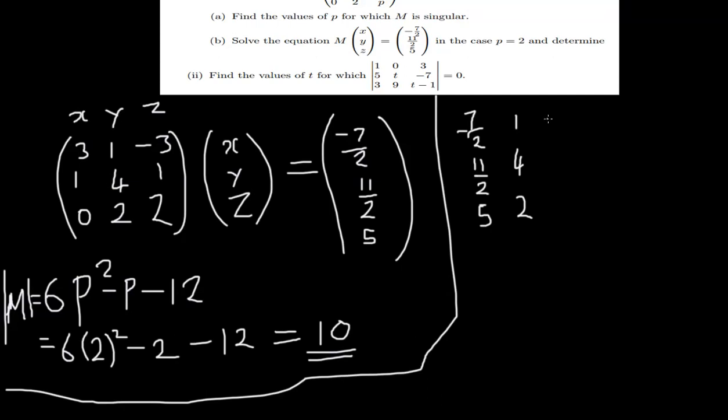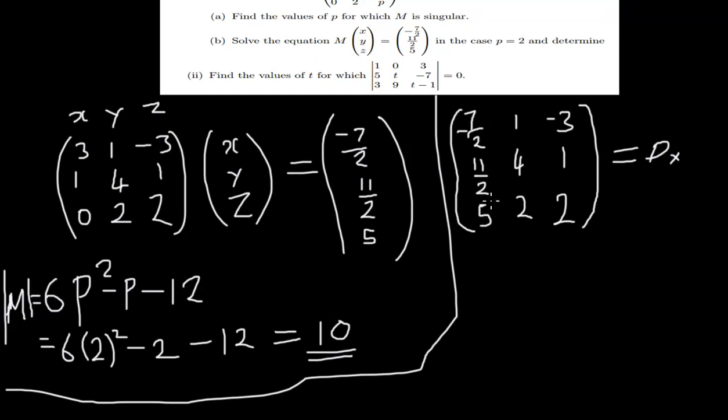This is negative 3, and then this is 1, and then this is 2. This is what I'm going to have as my first, I'm finding dx. So let me find the determinant of the x component here.